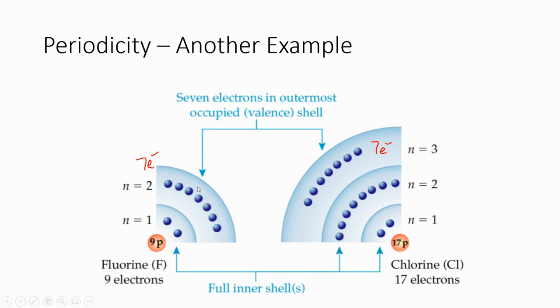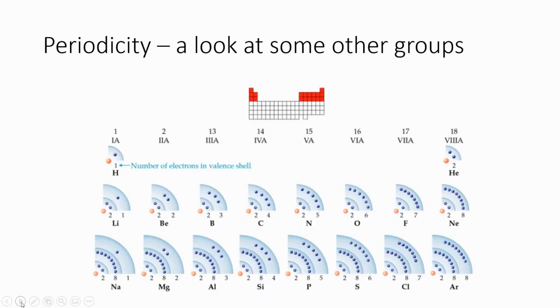But with any model, you're always going to run into challenges. What you find is that Bohr's model works well at explaining periodicity up to a point. It really starts falling apart after the 18th element.